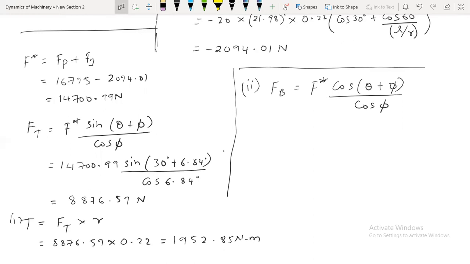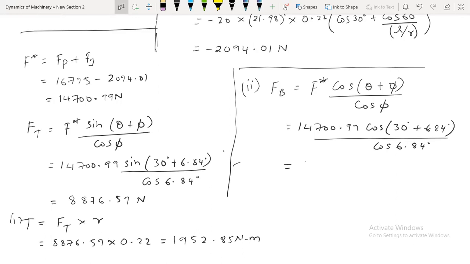Piston effort is 14,700.99 into cos of 30 degrees plus 6.84 degrees, divided by cos 6.84 degrees. After simplifying, the value of Fb will be 11,848.33 newtons.